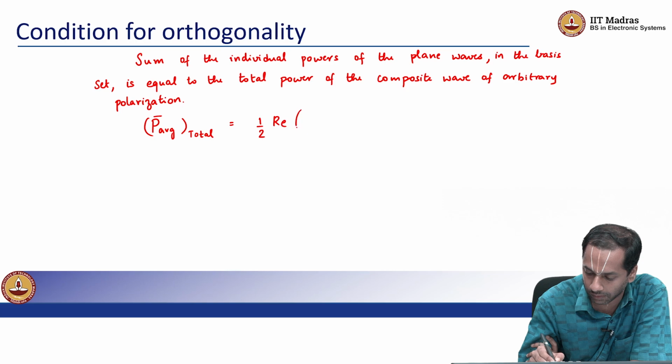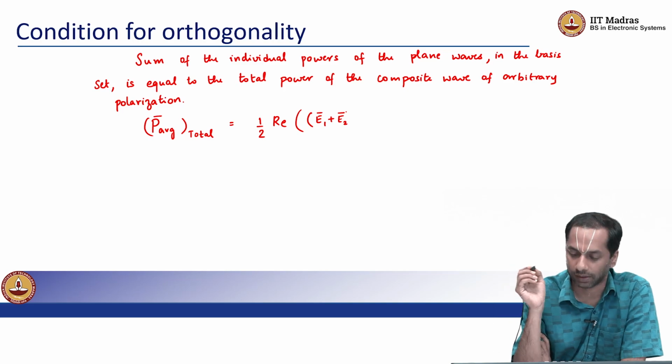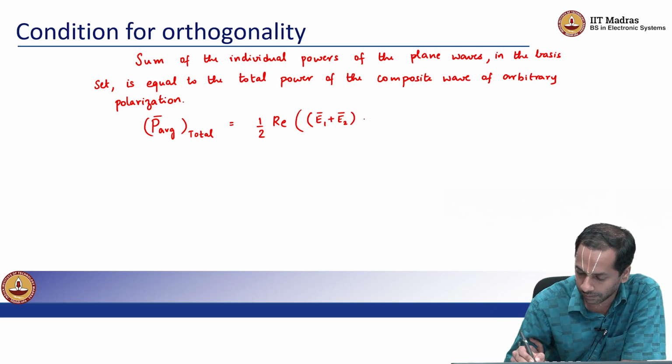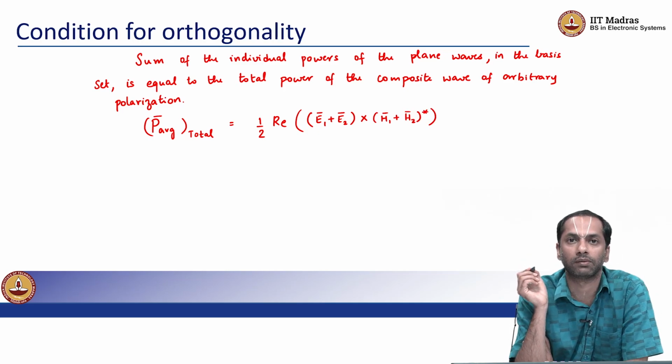So, we are asking that half of real of... So, remember that I have two plane waves in the basis set. Let us use E1 and E2 to represent them. Remember that these fields can be linearly combined, right, and I am taking the cross product, right.